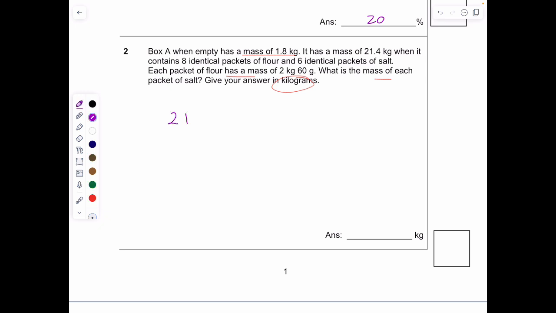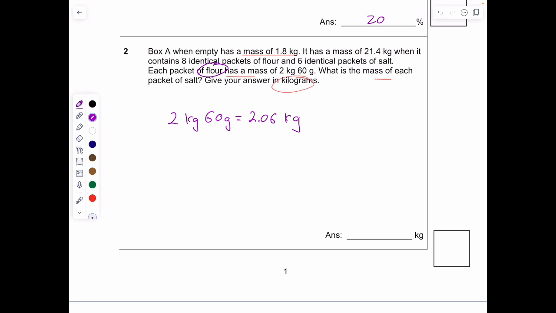So 2 kg 60 gram will give us 2.06 kg. Now we have converted the mass of each packet of flour into kg.